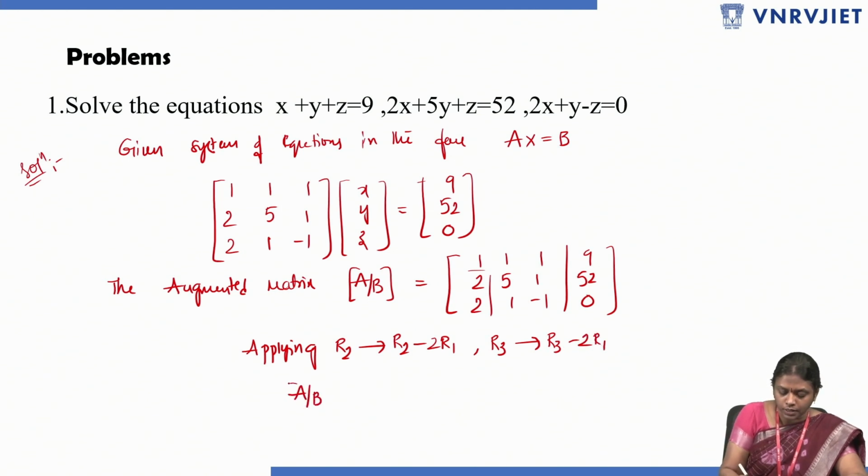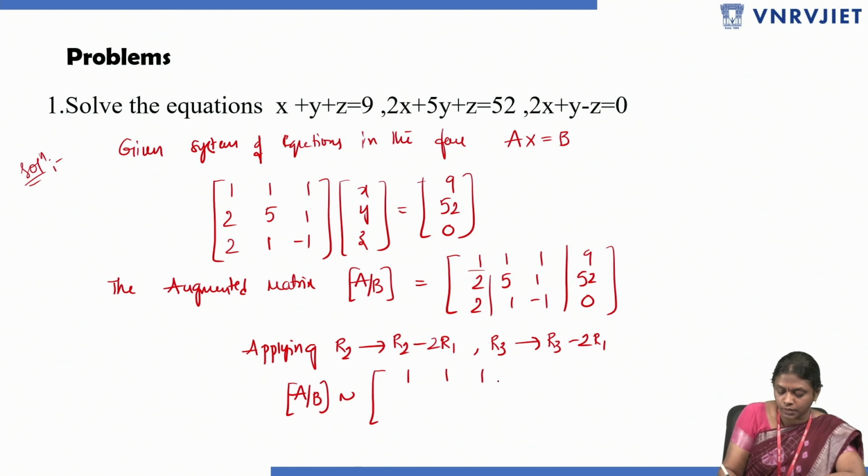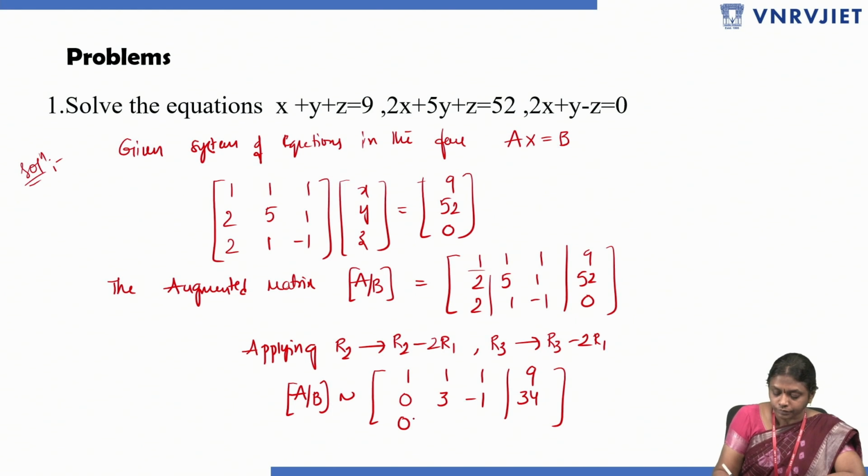Now my augmented matrix is approximately equal to, since I am not implementing any operation on the first row, I write it as it is: 1, 1, 1, 9. Now this is going to be 0, 5 minus 2 is 3, and 1 minus 2 is minus 1, and here 52 minus 18 is 34. And now this is going to be 0, 1 minus 2 is minus 1, and here minus 1 minus 2 is minus 3, and this is 0 minus 18.